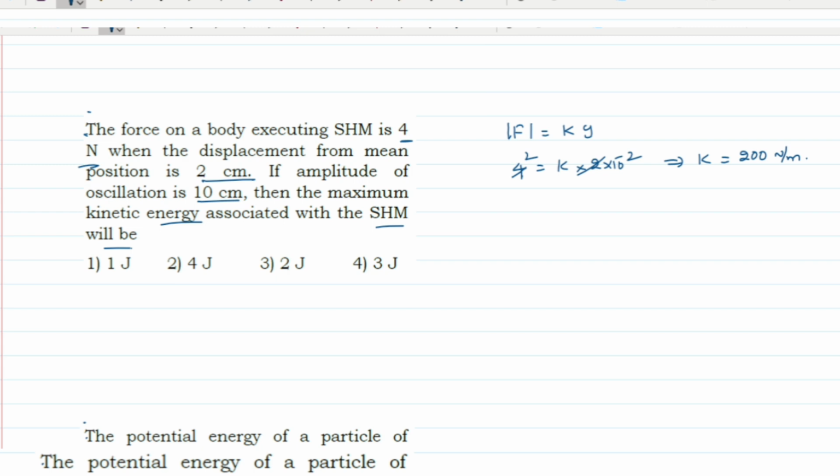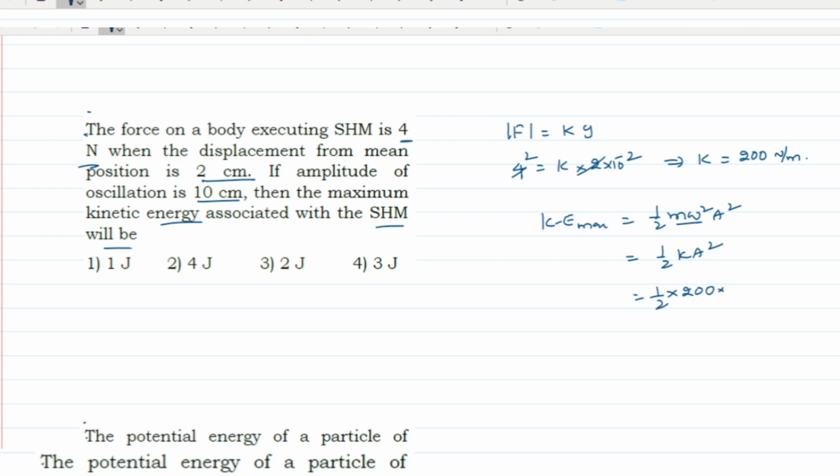Then they are asking the maximum kinetic energy. The formula for maximum kinetic energy is half m omega square a square. m omega square you can write as k, so half into k a square, where k we have already calculated as 200 Newton per meter.